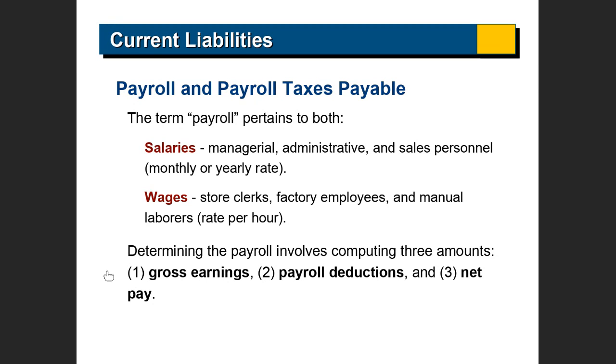But the employee is not going to get that entire $10 because the government will tax the employee. So what happens, the employer, let's say the tax is $2 for every $10, as an example.